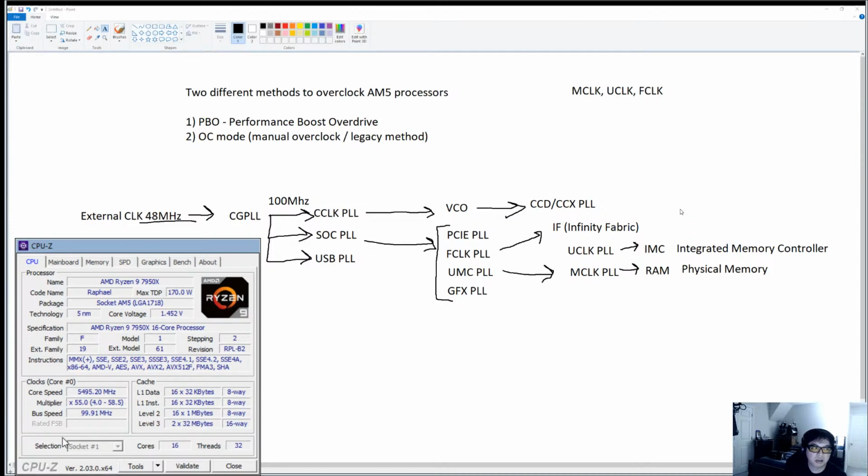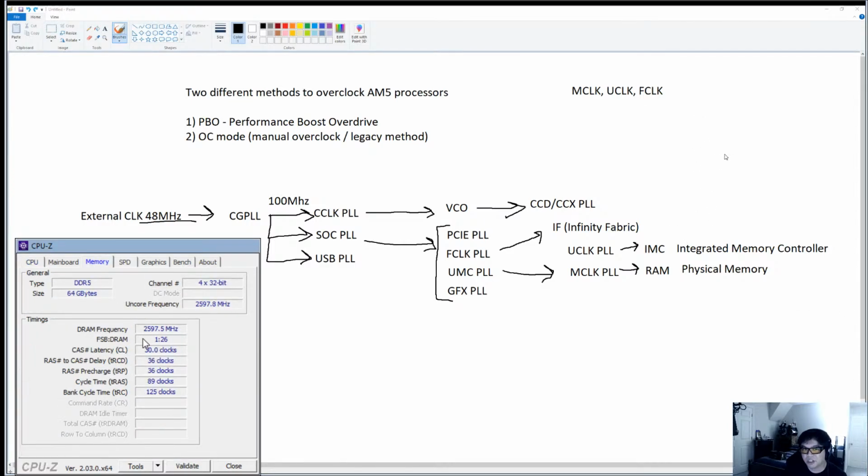So the core speed here is derived from the number here. This one is essentially what gives you that 5.5 number that we're seeing. Then if we look at the memory, you guys notice we have 2 numbers here in CPU-Z: the DRAM frequency, and the uncore frequency. The DRAM frequency is going to be based off of this, I believe.